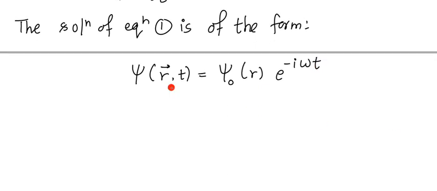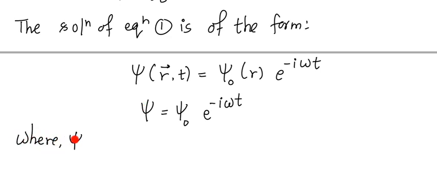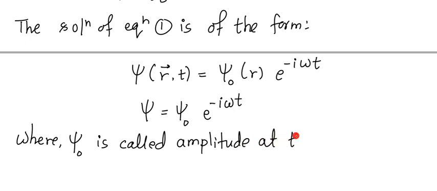Keep in mind that psi is the function of r and t, and psi naught is the function of r only. Psi naught is called the amplitude at the point considered.